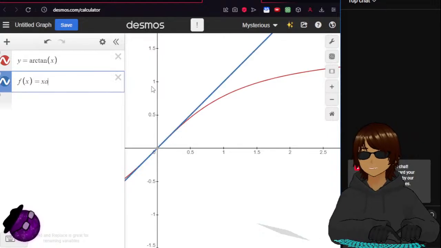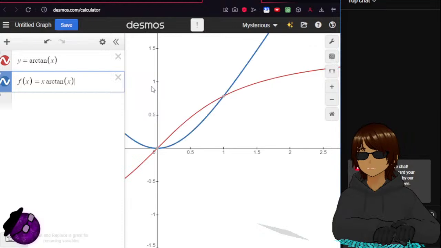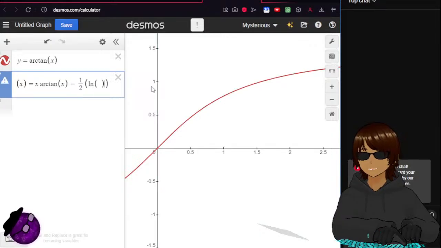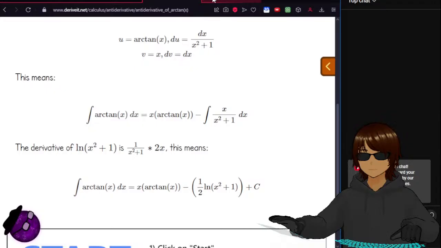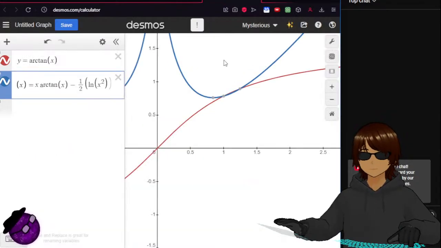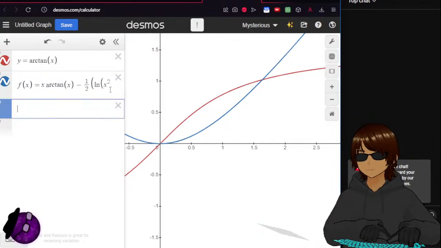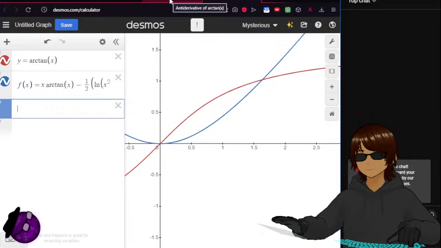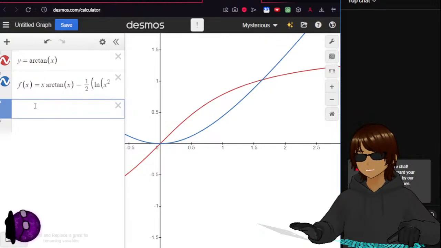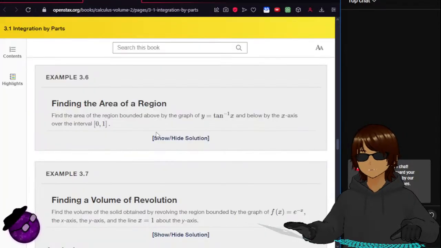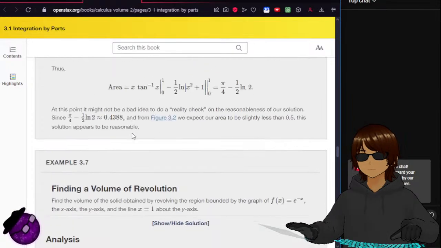If I do x arctan x minus half, and then if I do 0.438, yes.